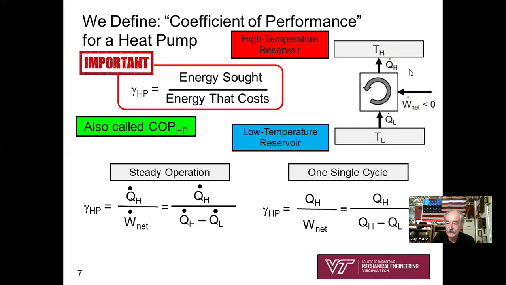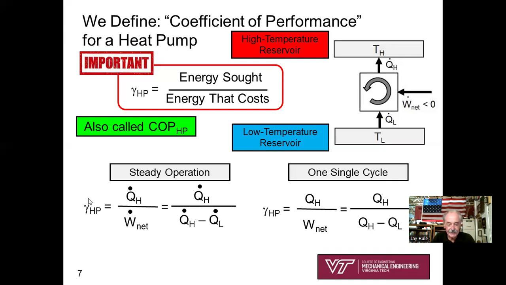We can figure this out from our sketch. The energy sought, Q dot H, and the energy that costs, W dot net. We've got that now ingrained. Now, if you want to apply the first law, and many times we will, the numerator stays the same. The denominator transforms from W dot net into Q dot H minus Q dot L. Just as a courtesy, I've drawn on the right-hand side a piston and cylinder that's executing one single cycle, a little unusual for a heat pump, of course, but it's the same approach.